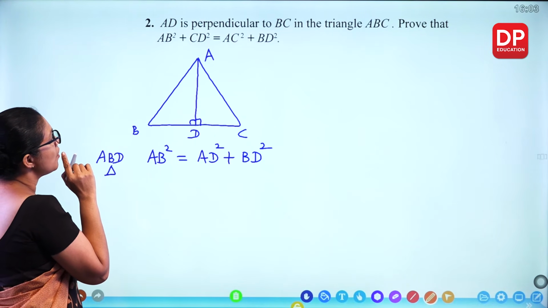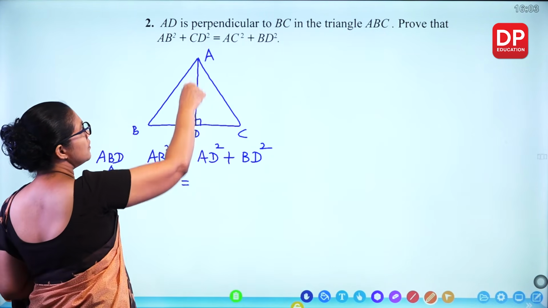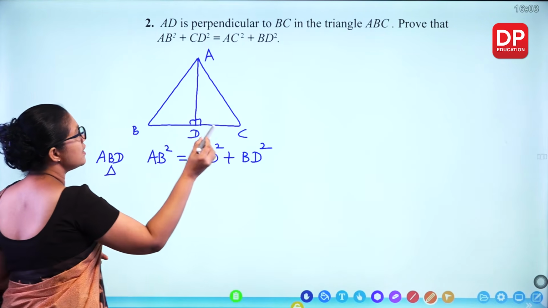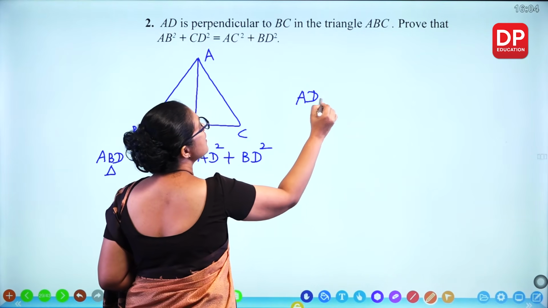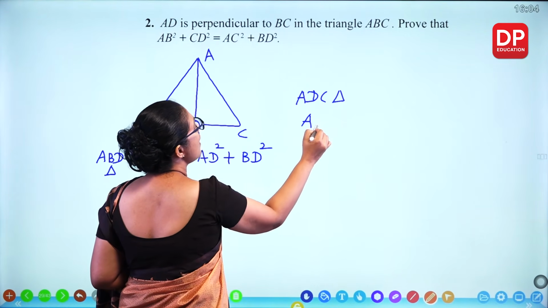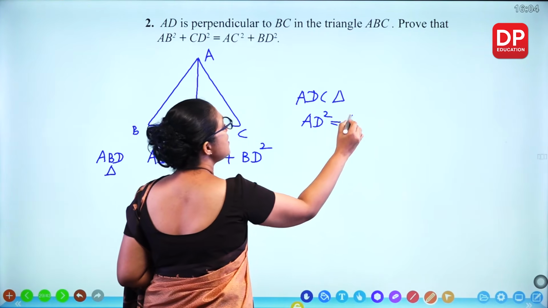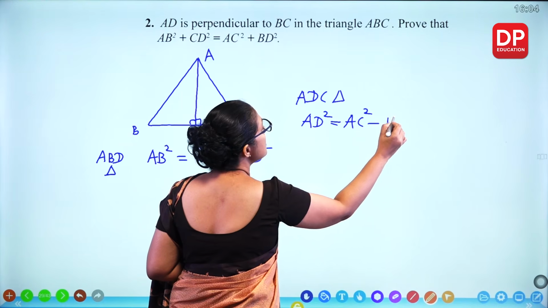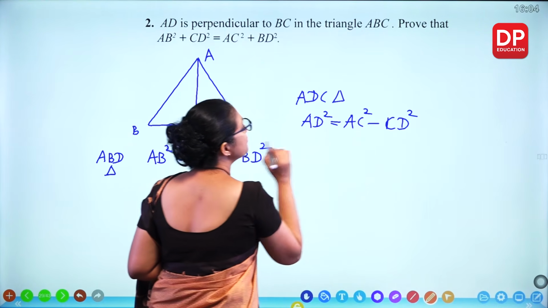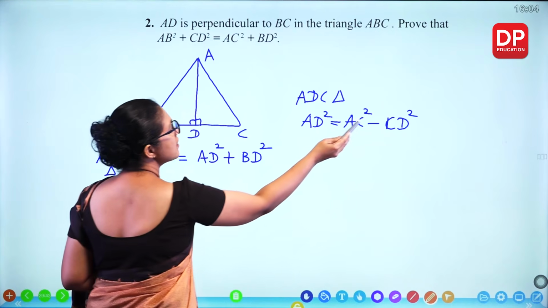Then what is AD squared? According to the other triangle, ADC triangle, AD squared is equal to AC squared minus CD squared. Now I want to plug this one here.